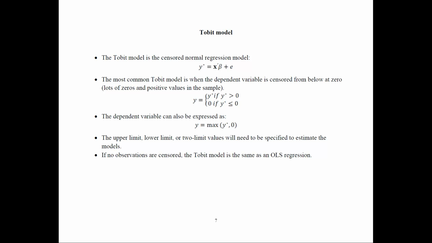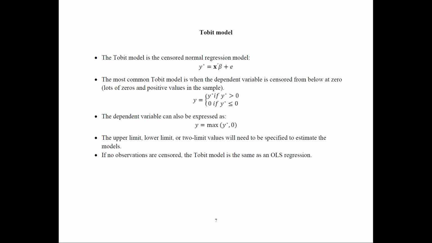Or another example could be that you have percentage data where you have from 0 to 100%. And in this case, you could have in your data a lot of observations that have zeros and 100%.